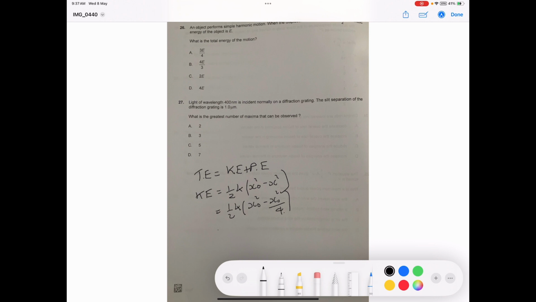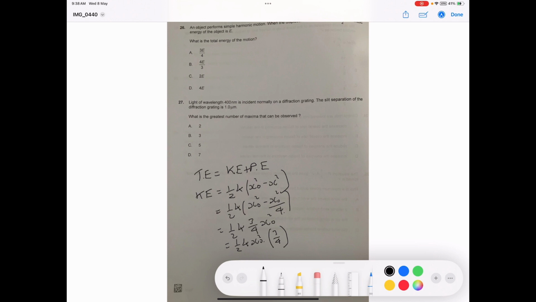So that's equal to half k times 3/4 x naught squared. So I'm going to write that as a half k x naught squared times 3/4. So that's the kinetic energy.